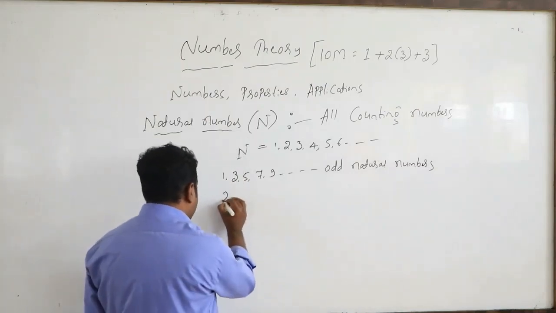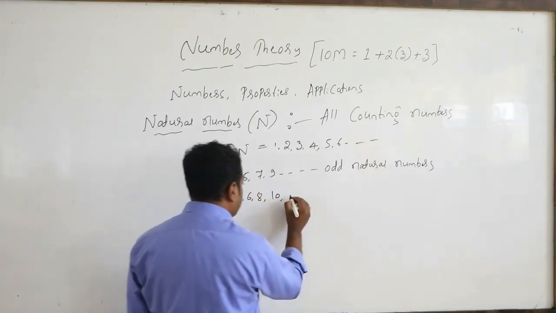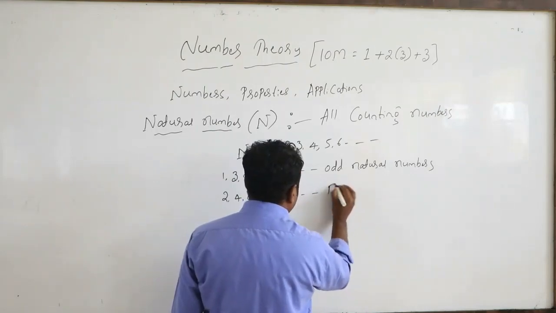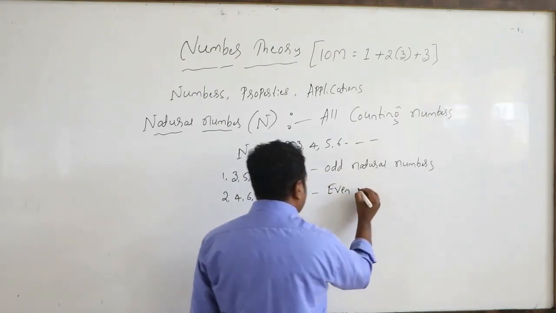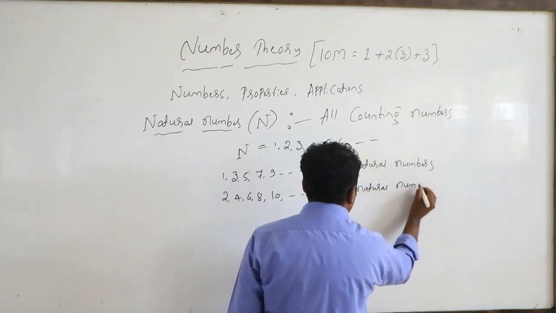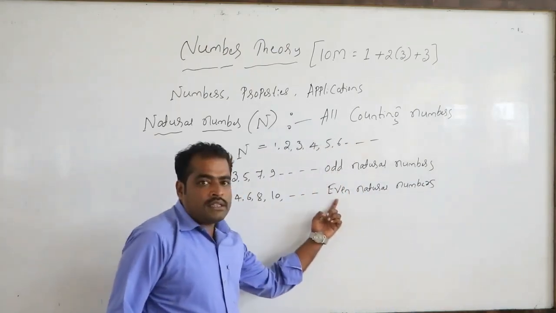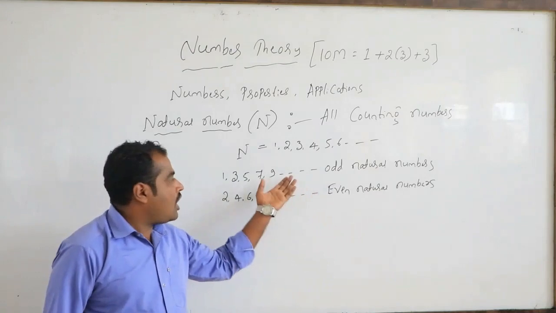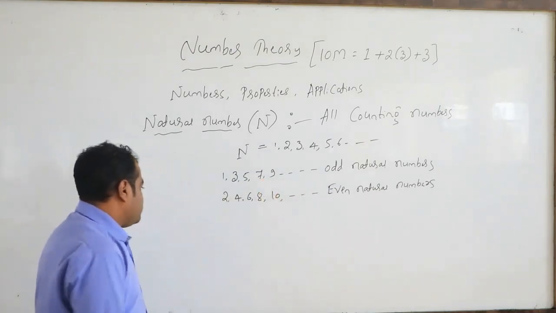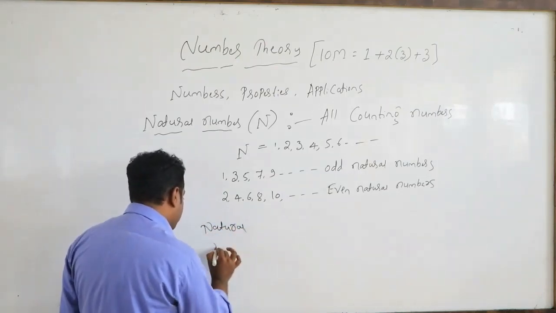Similarly, the numbers 2, 4, 6, 8, 10, and so on are called even natural numbers. Even means a number is divisible by 2. Odd means a number is not divisible by 2.